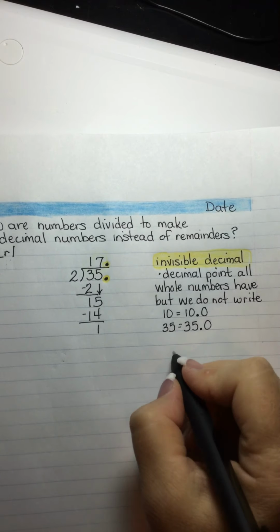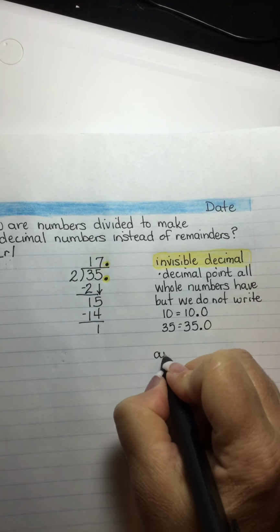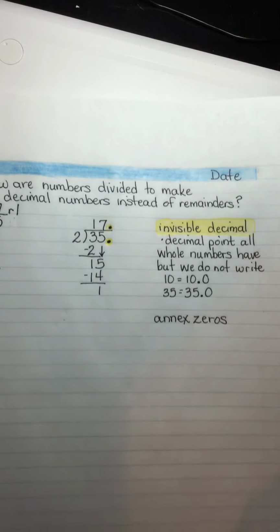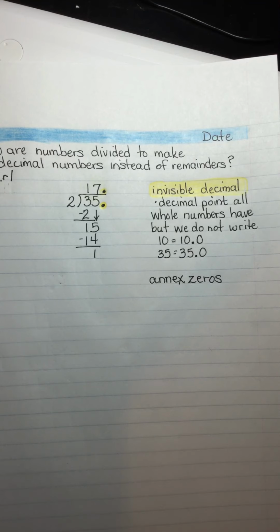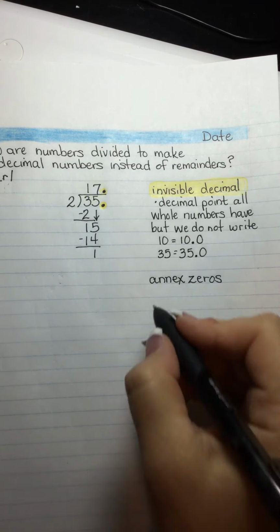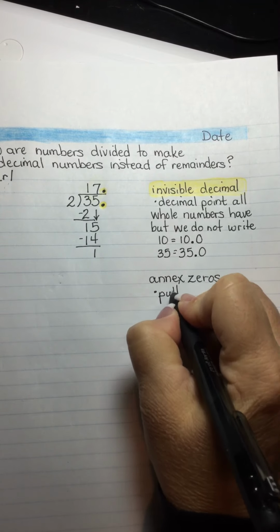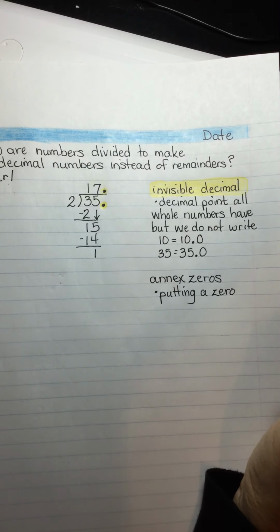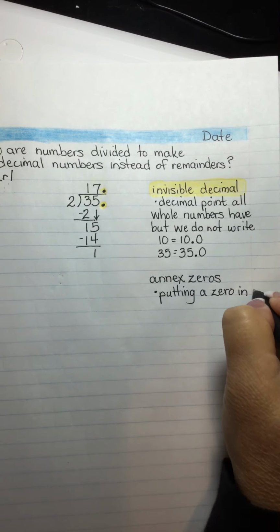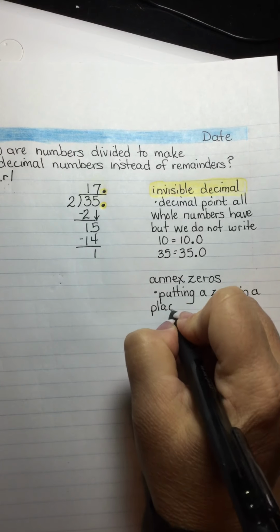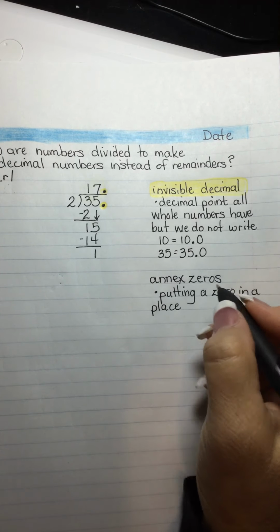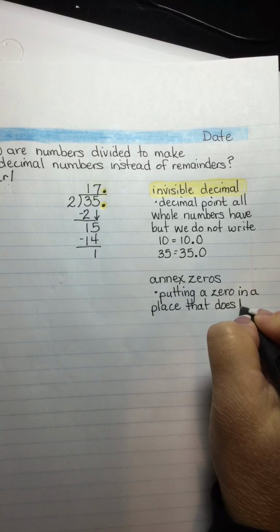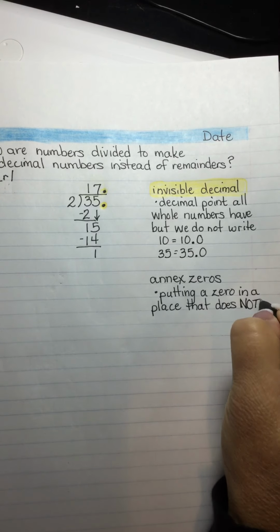Then there's something else that we can do. It's called annex zeros. When we annex zeros, we're putting a 0 in a place that does not change the value, and I'm using all uppercase for emphasis.